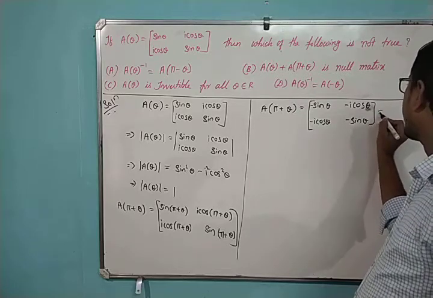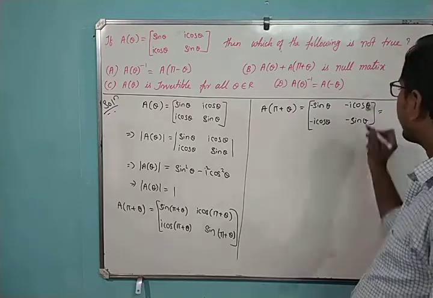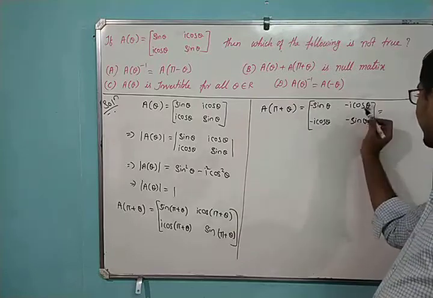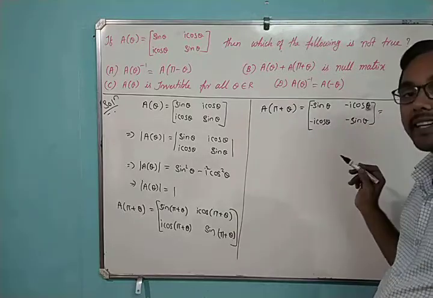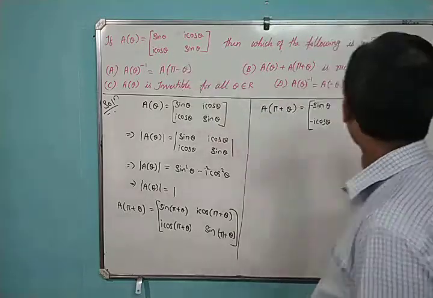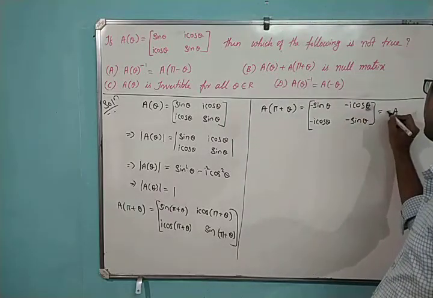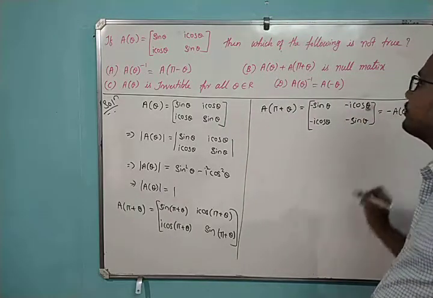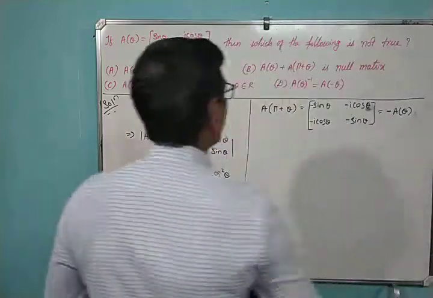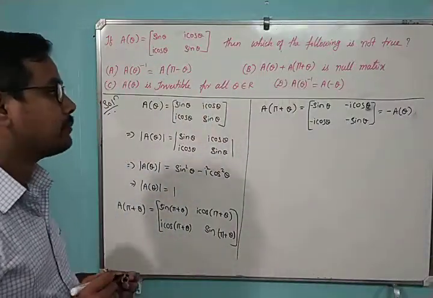So minus can be taken out. If minus is taken out, the entire thing becomes plus. This is sin theta, i cos theta and sin theta. What is that? Once again A of theta. So this can be written as minus A of theta. Right? A of pi plus theta is minus of A theta.